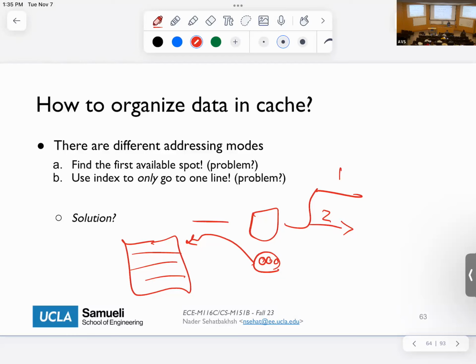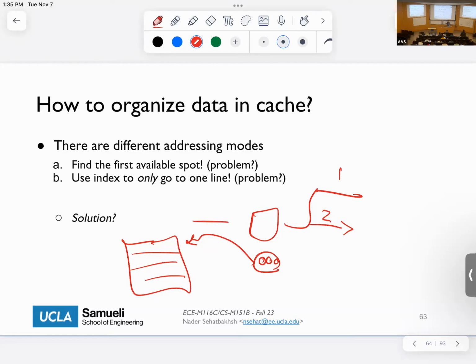The good thing about this, obviously, is that you're using the space as efficiently as possible, because you guarantee that there is no available space until the entire table gets full. Versus if I just do some form of mapping, and there is an address sequence that all maps to the same line, you're kicking each other out without really utilizing the rest of your table, right?